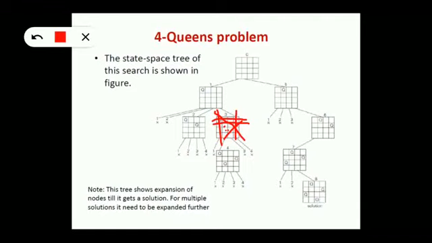Right? Row 3 column 2 is the right place to put queen 3.